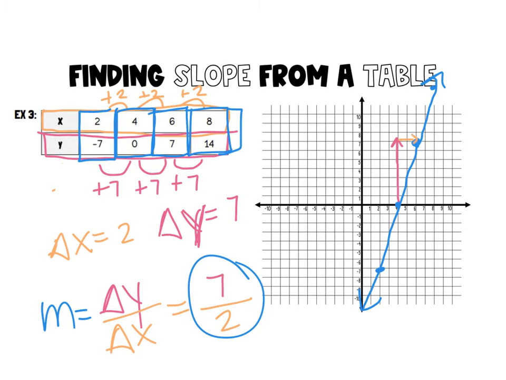We're going to rise 7, and run 2. So if you have graph paper or that dry erase board, this is a great way to check your work. You can do the rise over run, and these should be the same.